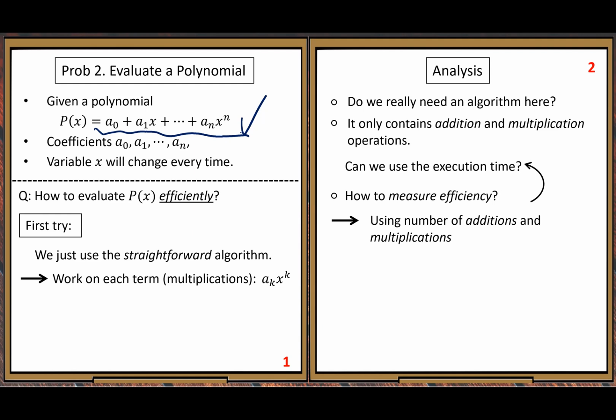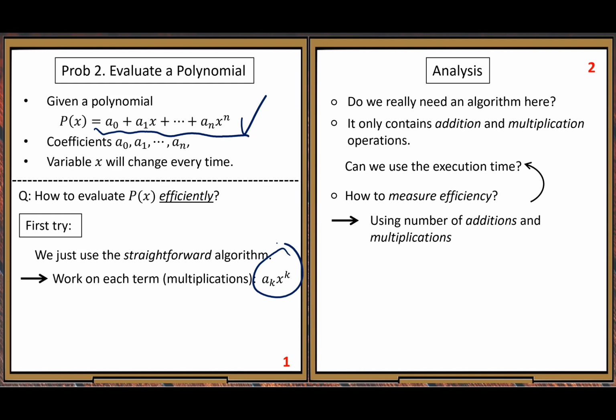So we can use this general term to represent arbitrary term by changing the k number. Here, for this general term, we use it as a representative. This expression can represent any term in the polynomial. Let's do the counting.